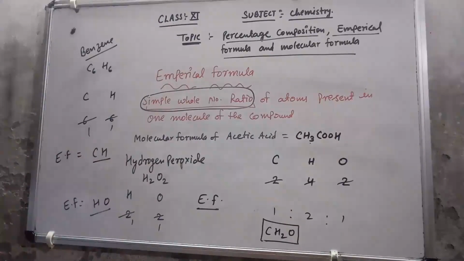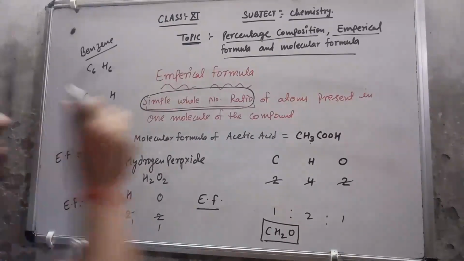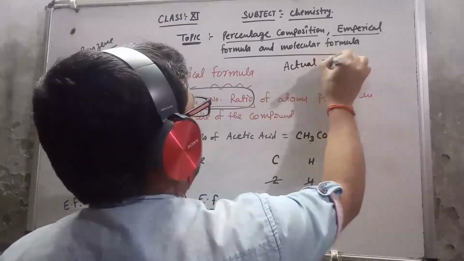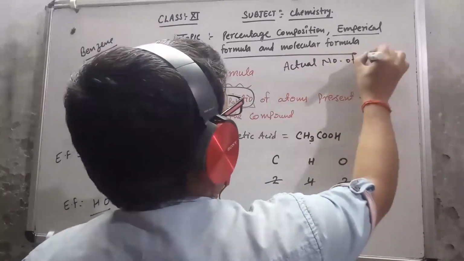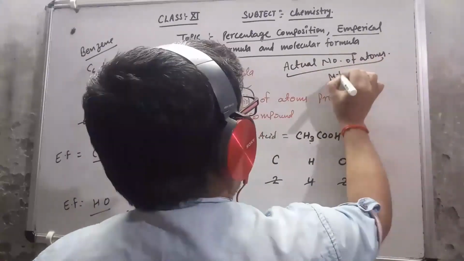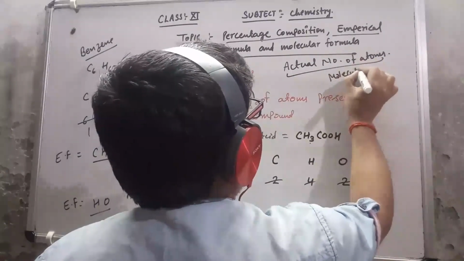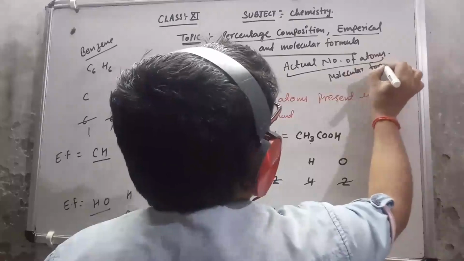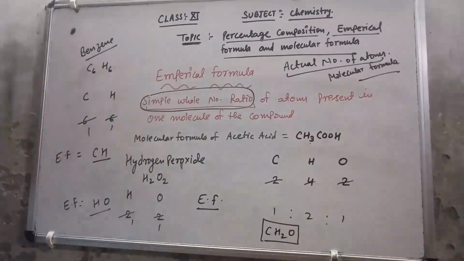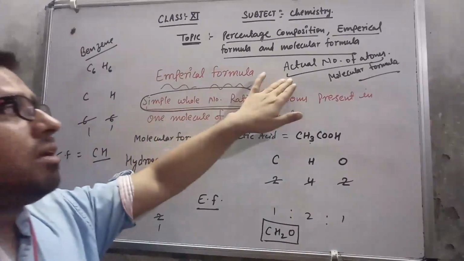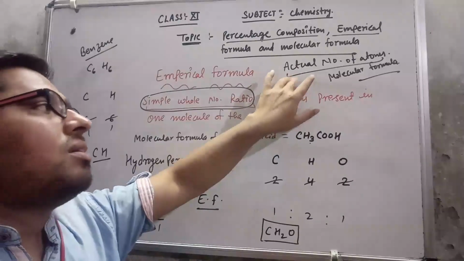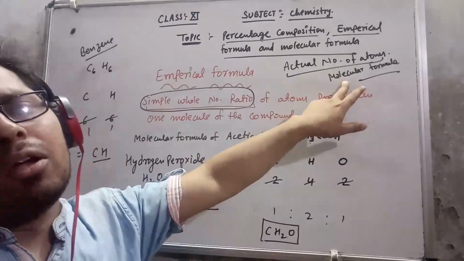It gives us the actual number of atoms. The compound which gives us the actual number of atoms present in a compound, that indicates its molecular formula.